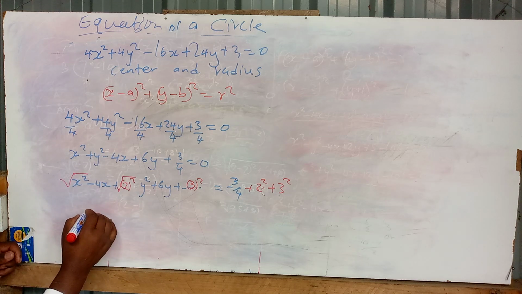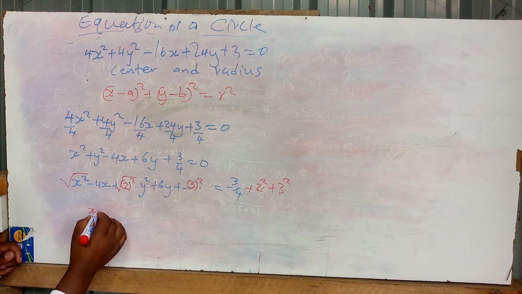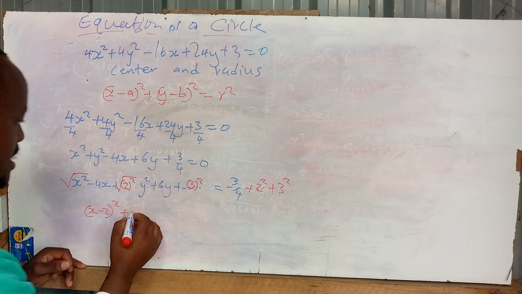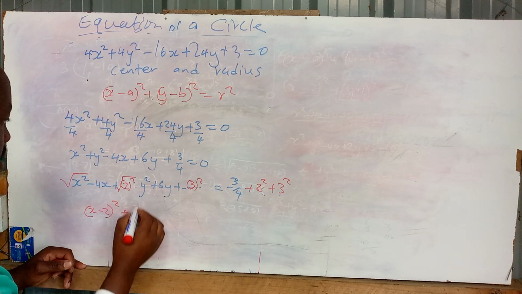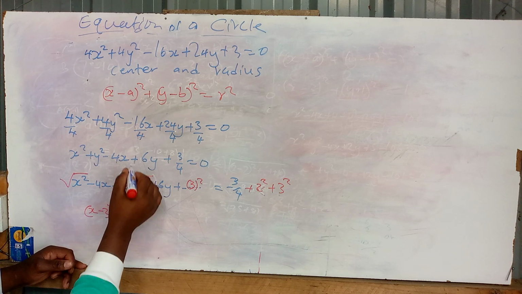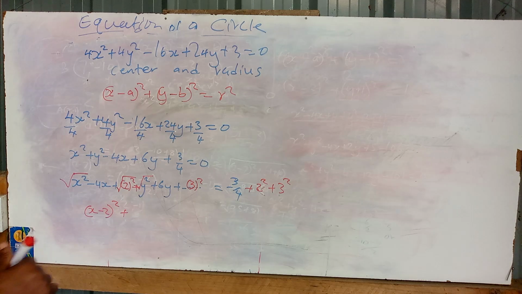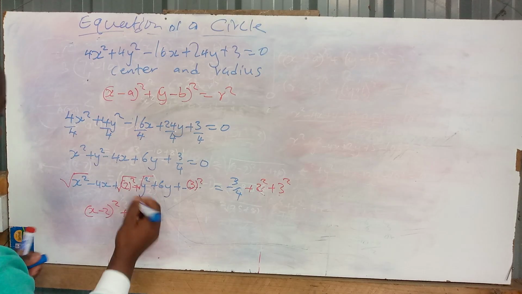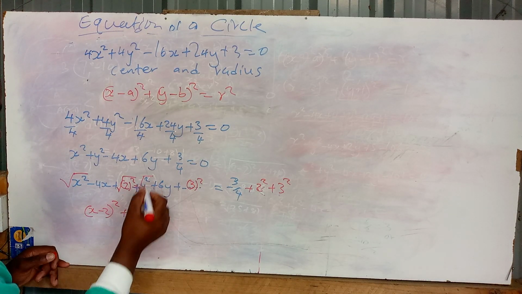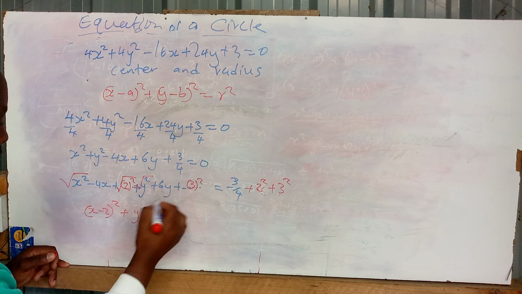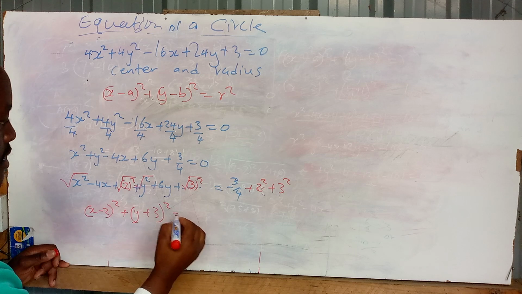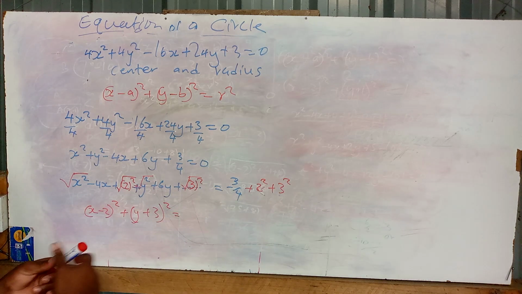Square root here tells us x. Because of this minus, it is minus 2, then squared, plus y. So we have the square root of y squared is y, plus the square root of that is 3, so squared is equal to, then you add everything here.